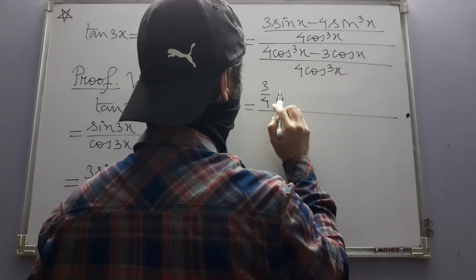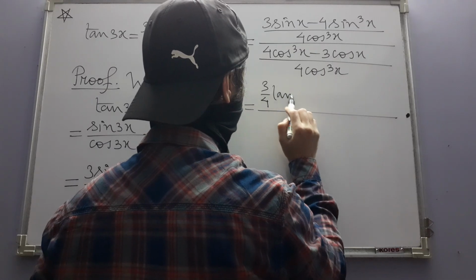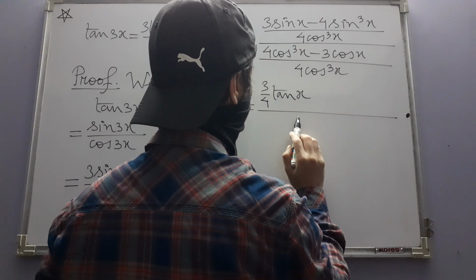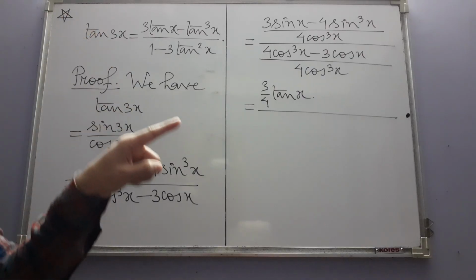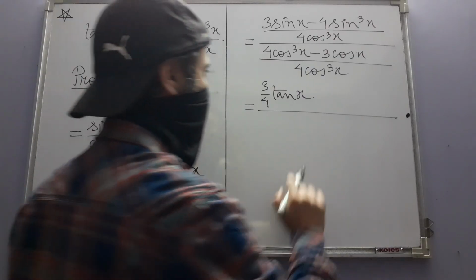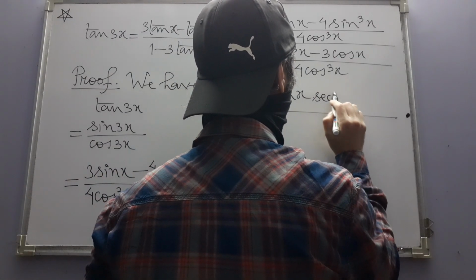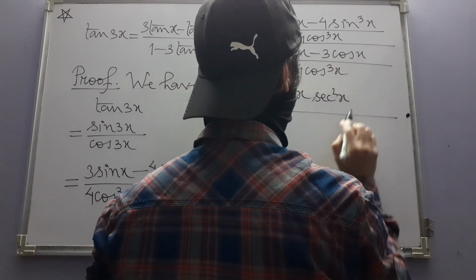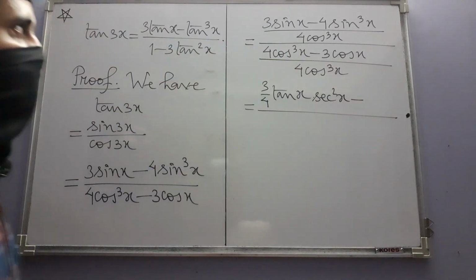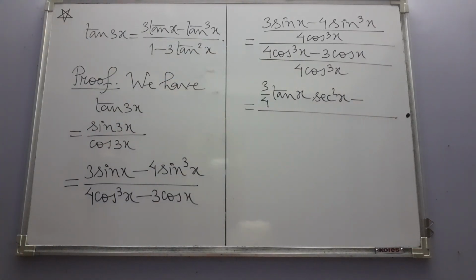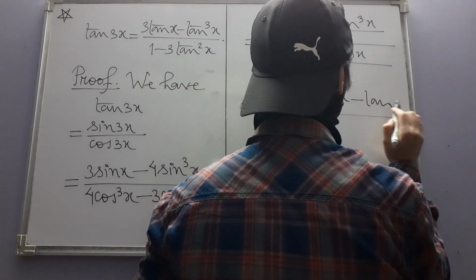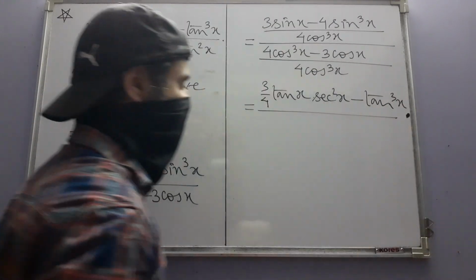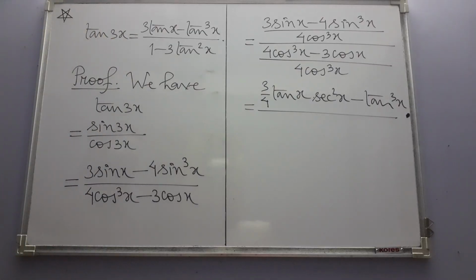And sin x divided by cos cube x, in place of that we can write tan x. But that leaves us with what? 1 over cos square x, which is secant square x. Minus, however, we are in fact getting tan cube x. So this entire thing was done for getting tan cube x.